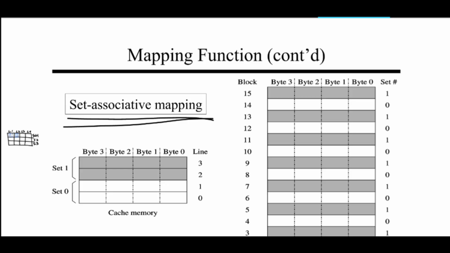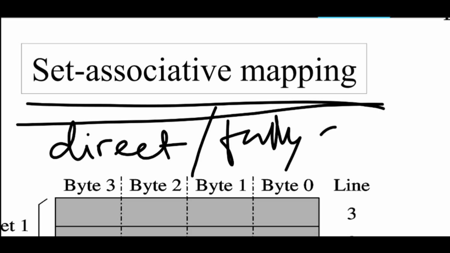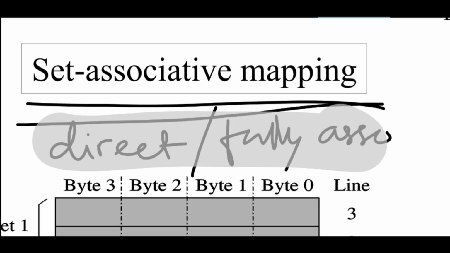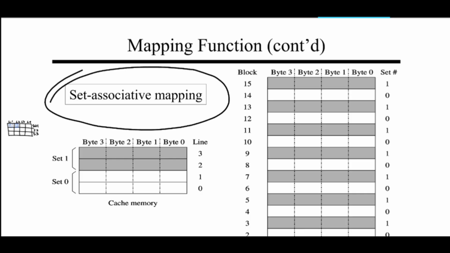Here we have implemented both direct mapping and fully associative mapping, integrated simultaneously. So set associative mapping is called a hybrid approach of direct mapping and fully associative mapping.